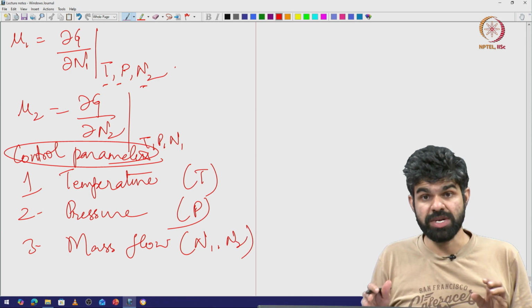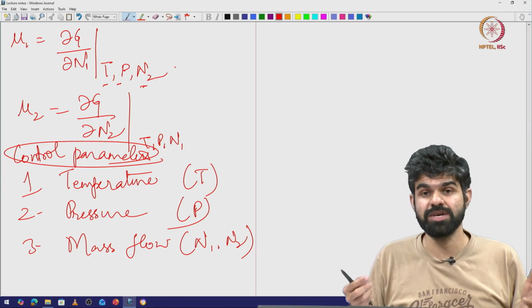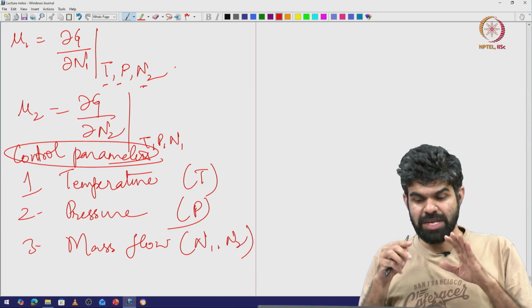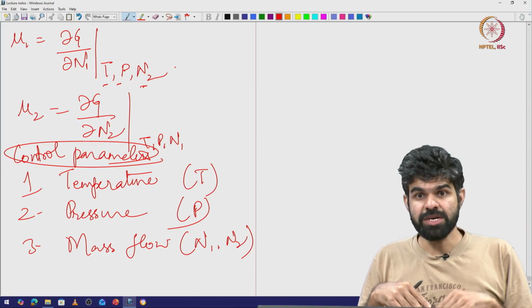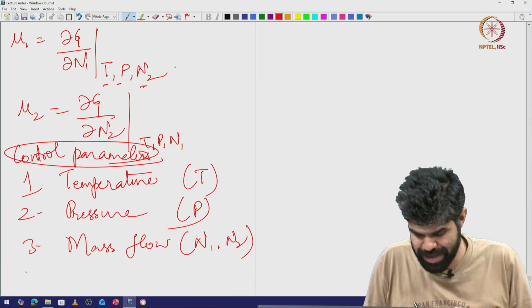So, through controllers I have what are called mass flow controllers, I have what are called pressure controllers, I have what are called temperature controllers, the thermocouples, right. So, I have this control system that we spoke about. These are the three parameters that I can control and the obvious potential, right. So, I can independently control them.